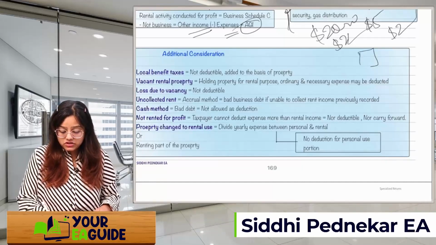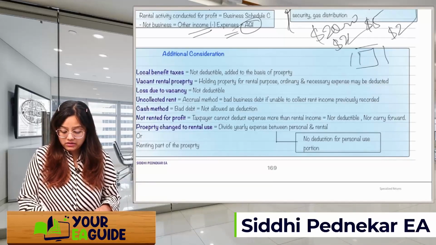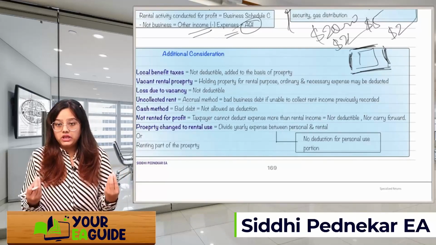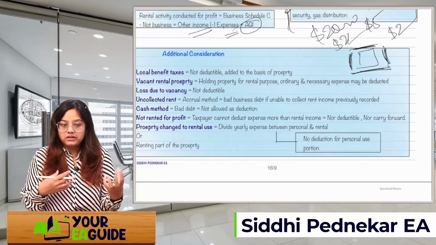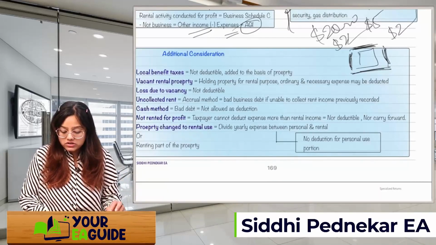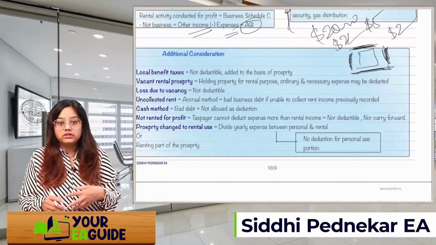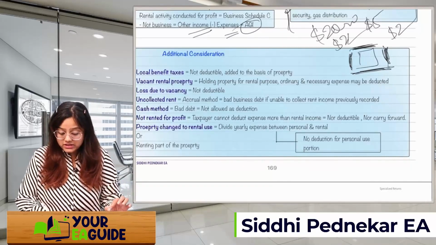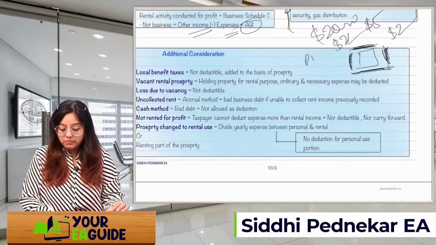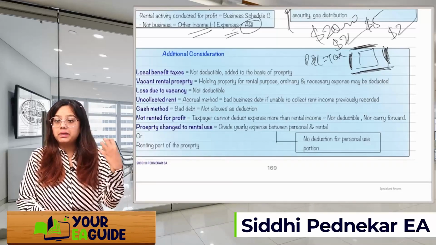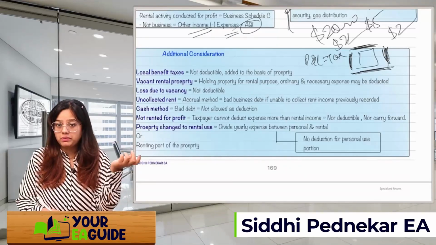For example, this is your property, and just beside your property a sidewalk has been developed to improve the property or make it convenient for the people living there. If you have paid any taxes for taking that benefit, then this will not be deducted on your P&L as a tax. It will be added to the basis of the property, the cost of the property.